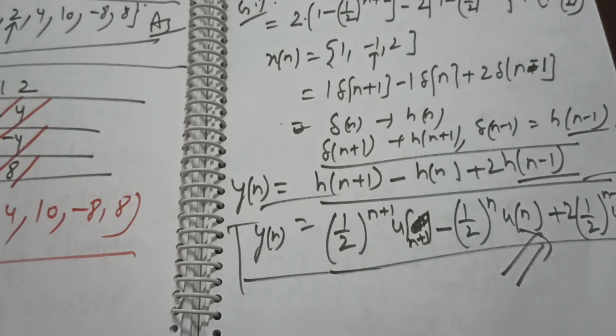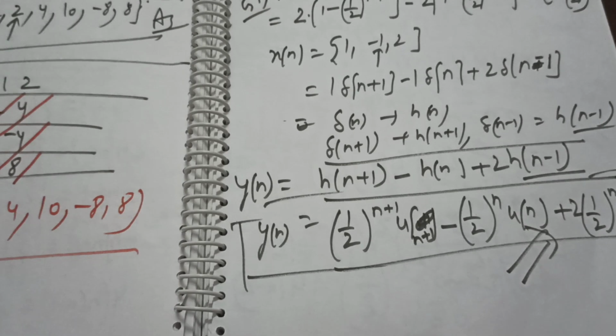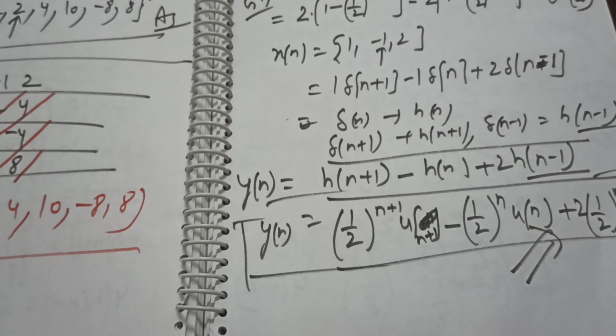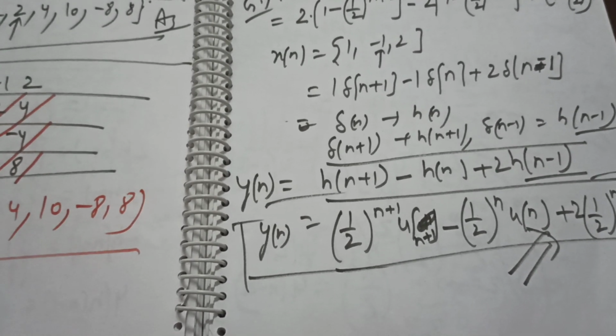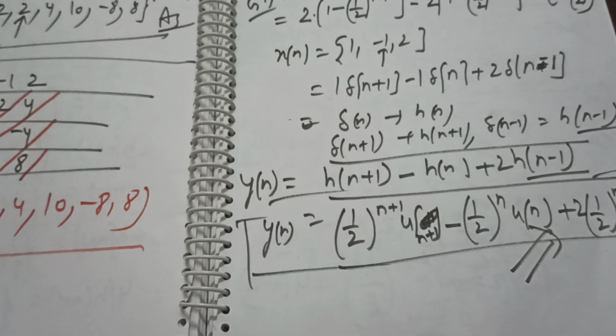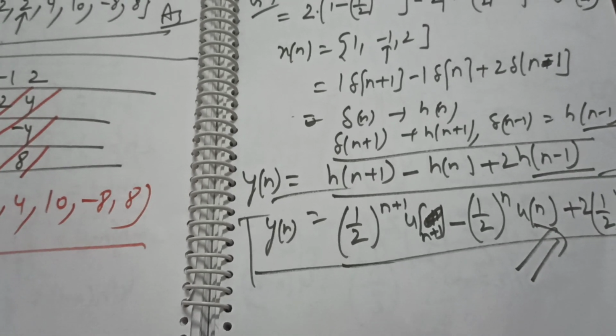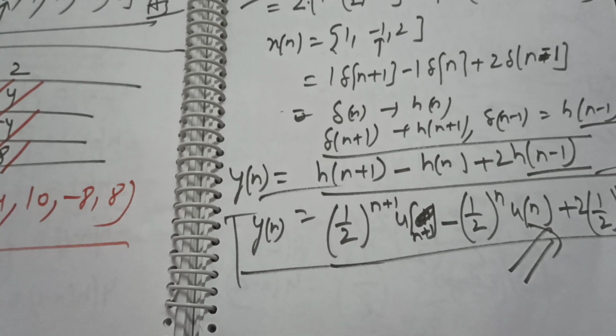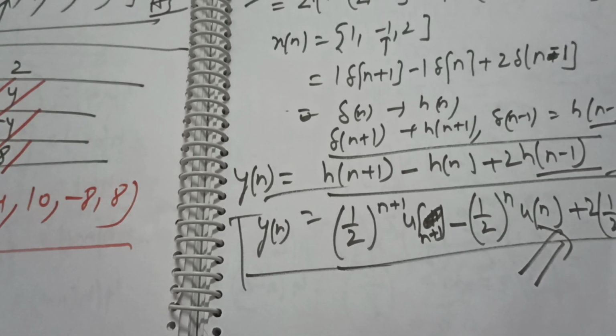Yes, this is what time invariance does. We are simply performing the time invariance first, second, we multiply with the common factor, that is homogeneity, and after that we perform the additivity, adding the signals. So y[n] is h[n+1] minus h[n] plus 2h[n-1].